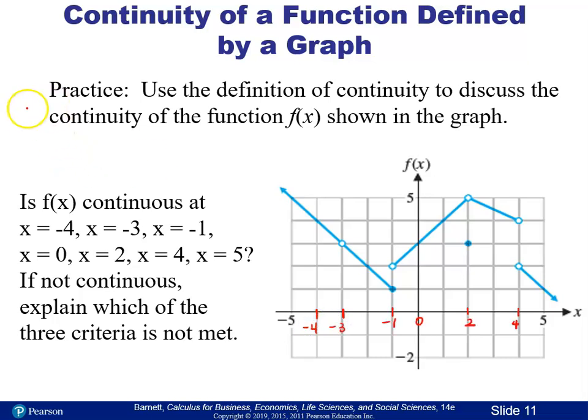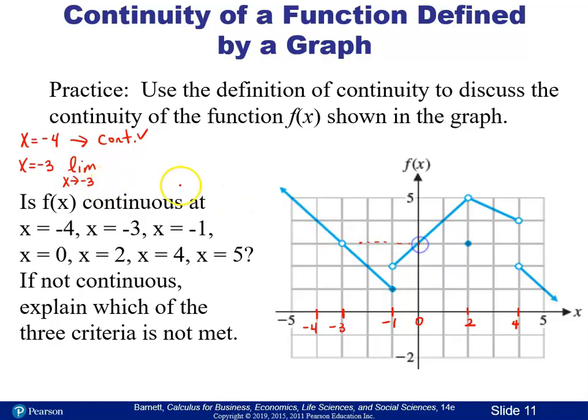If we look at these, first of all, if we look at x equals -4, at -4 it is continuous. There's no break, so it is going to fulfill all three requirements for continuity. If we look at -3, the limit as x goes to -3 does exist.